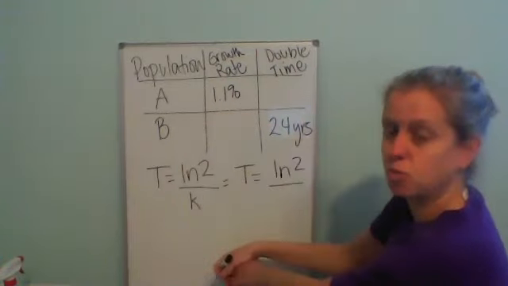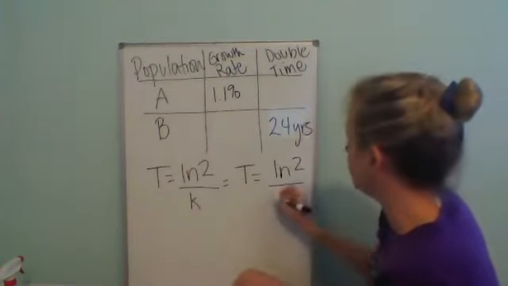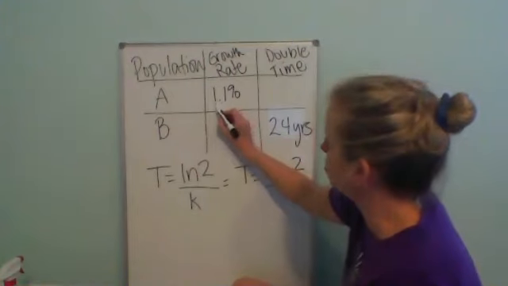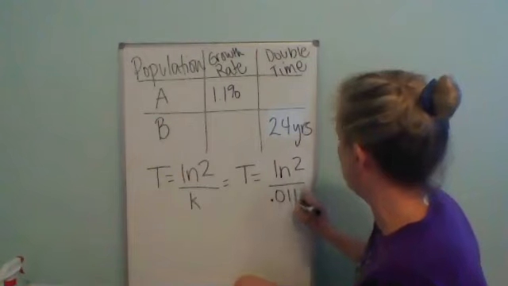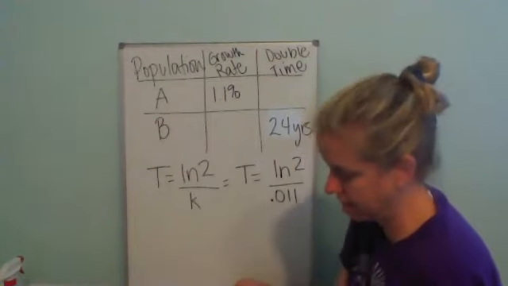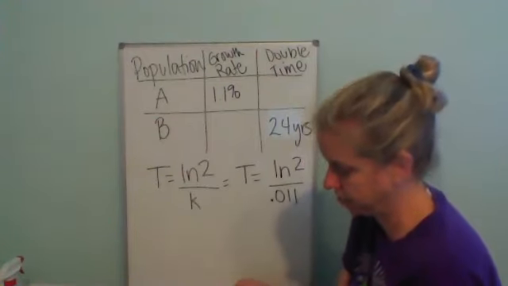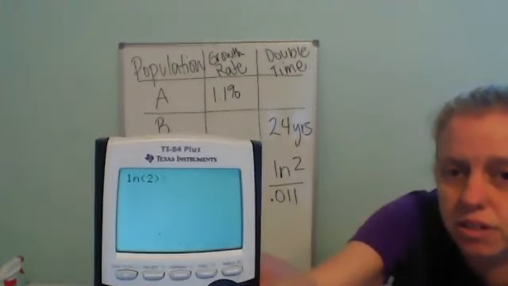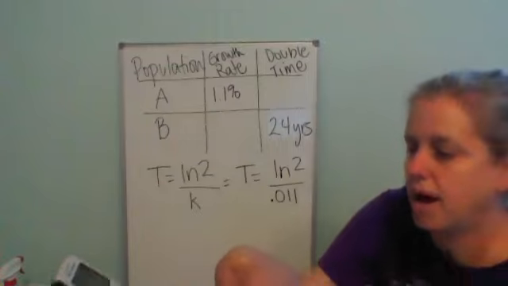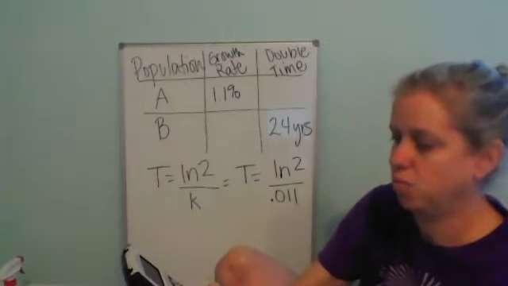So since the rate is 1.1, I need to type that in as a decimal. So move this decimal 2 places to the left. So it'll be 0.011. So again, let's type that in. ln2 over, so divided by 0.011.